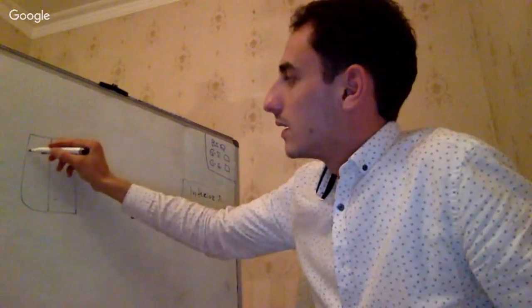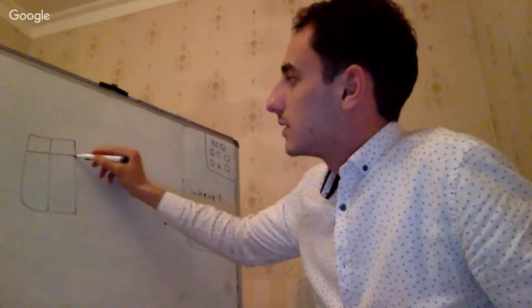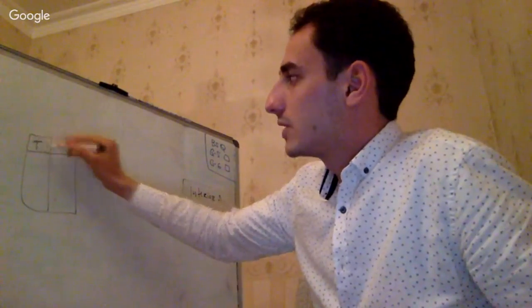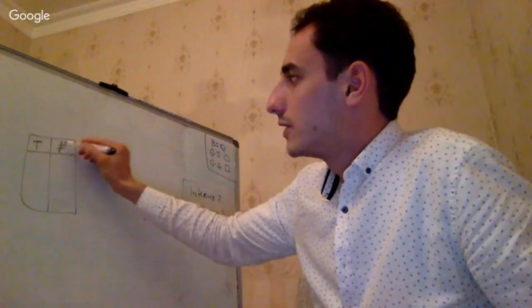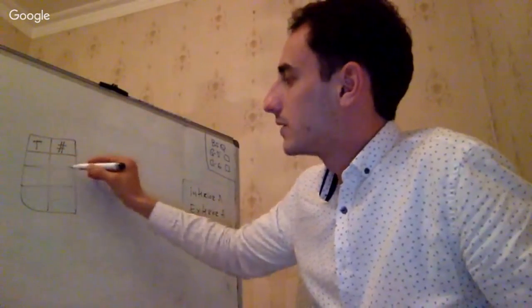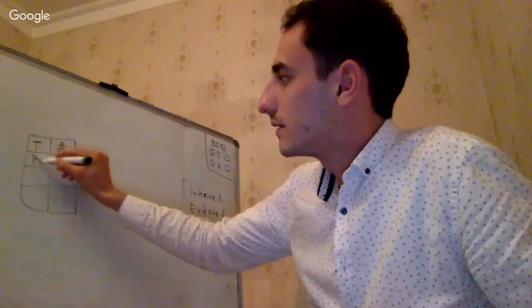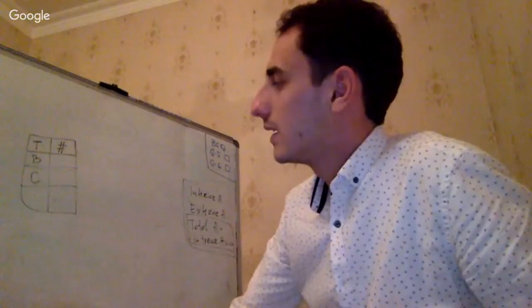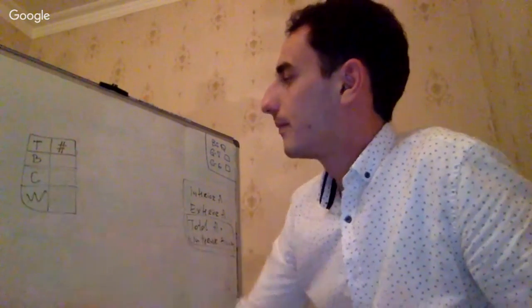The table shows the way of transportation that the students use to go to school. This is the type of transportation, and this is the number of students. Let's say we have three different types of transportation. One of them is school bus, another one is car, and the last one is walk.